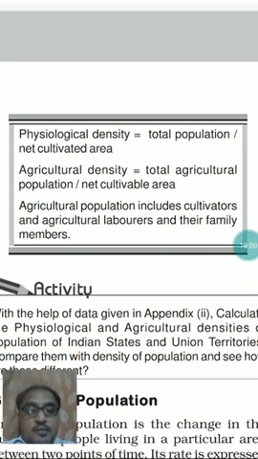Net cultivated area means the part of the area where we do cropping, not the cultivable wasteland. Cultivated area does not include wasteland or area used for industry and other infrastructure. These are excluded from the net cultivated area.